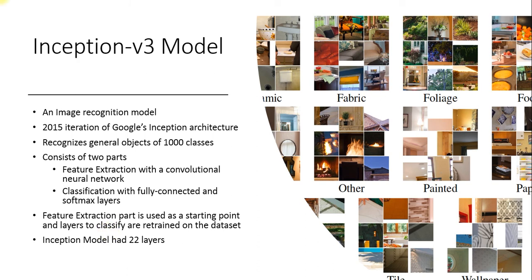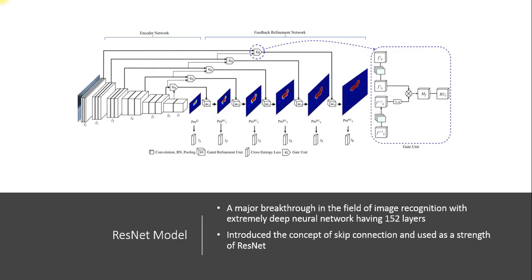Essentially, the Inception model has 22 layers, but we don't have to build them from scratch. This is the ResNet model, and it's a major breakthrough in the field of image recognition. It's an extremely deep neural network with 152 layers. It introduced something known as skip connection, which makes ResNet more powerful than things like Inception V3.